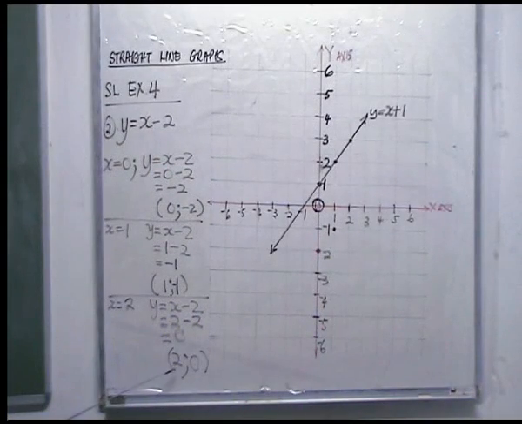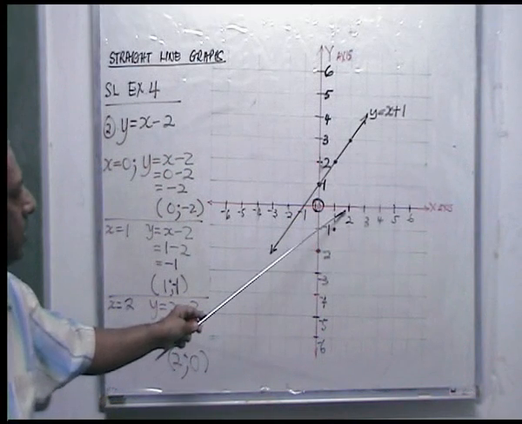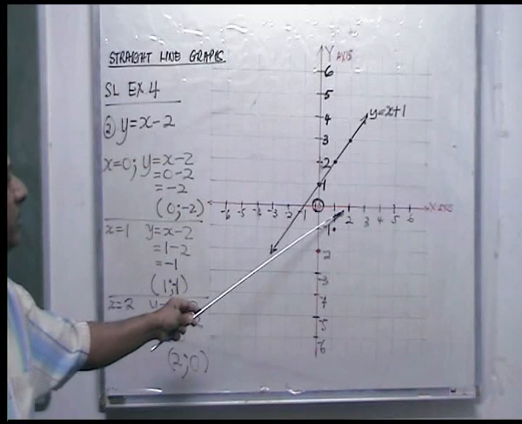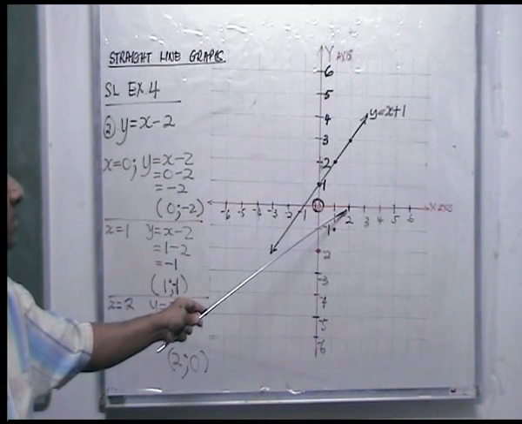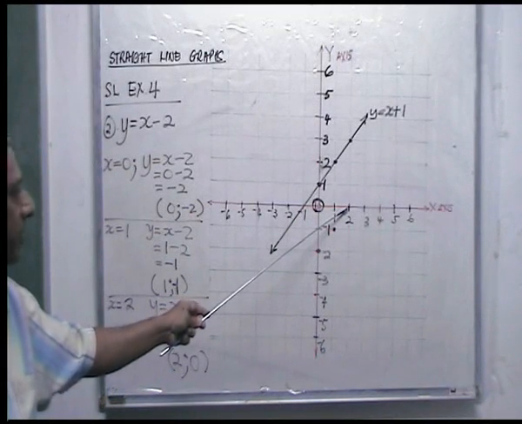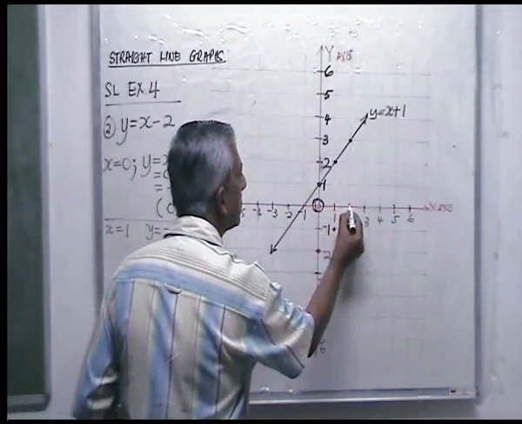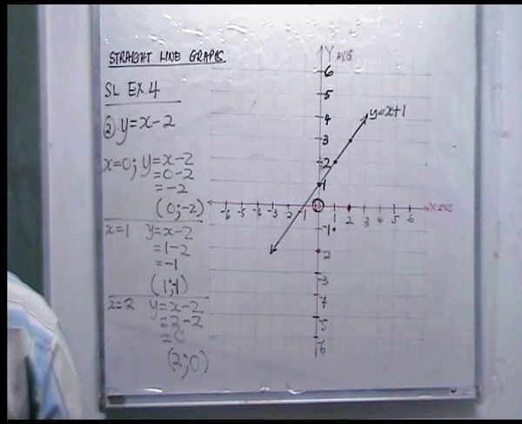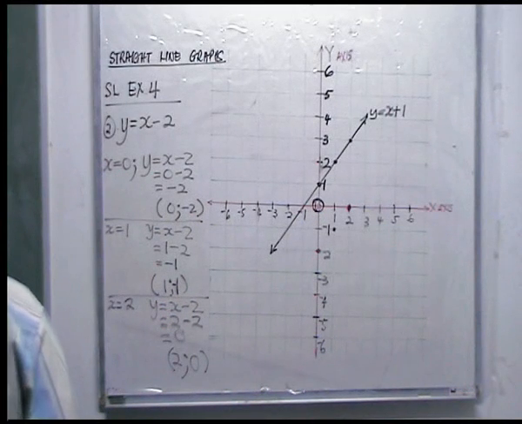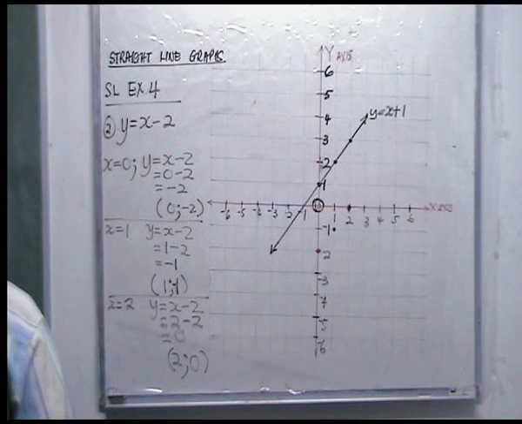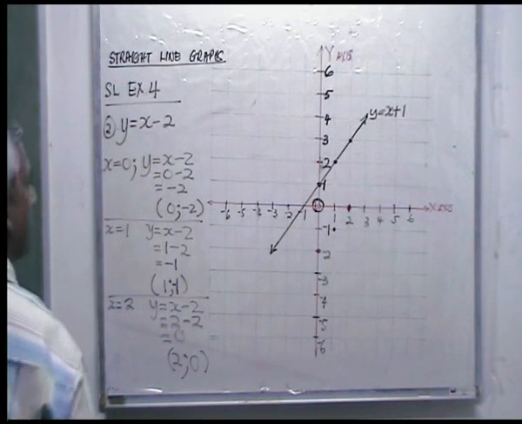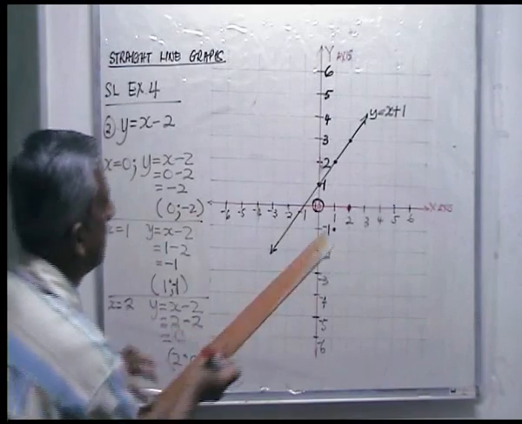And finally, 2, 0. So find 2, there's 2. And then 0. 0 means don't move up, don't move down. So 2, 0 means the dot will go right on top of 2. There it is. And then take your ruler, join the points, and you'll see it forms a straight line.